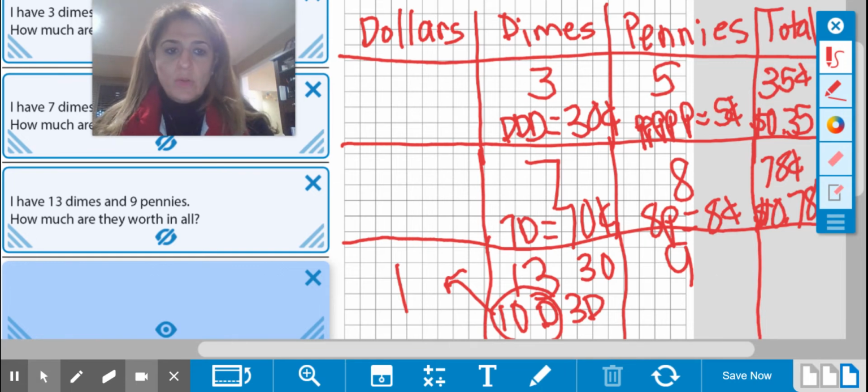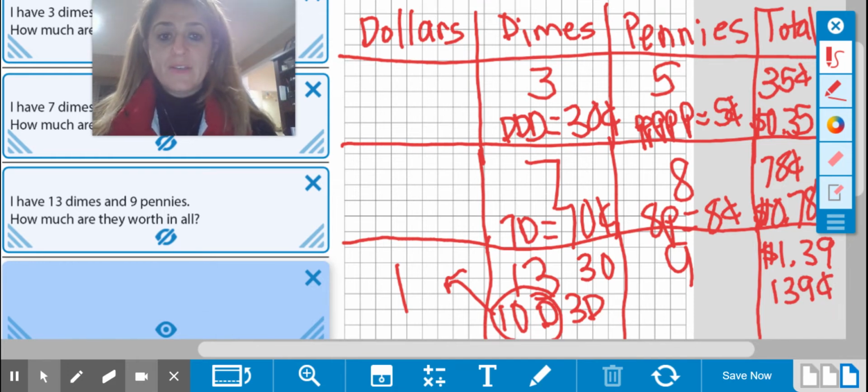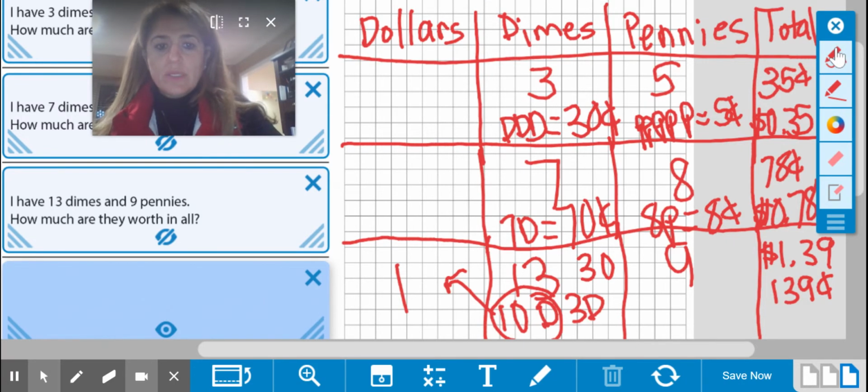So we have a total of, let's do the dollar, $1.39, or we have 139 cents. So you can write it either way, that is fine. But did you see how if you have more than 9 dimes, you have to regroup to make it $1? All right, let's see what the next one is.